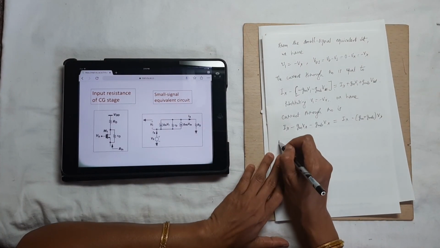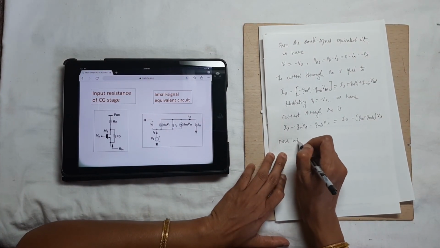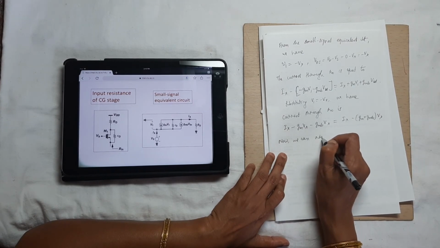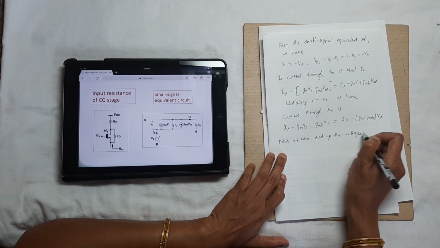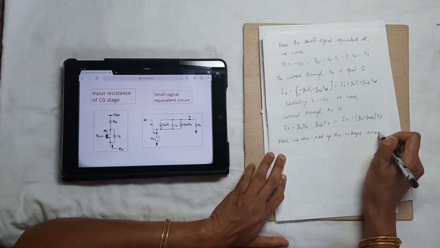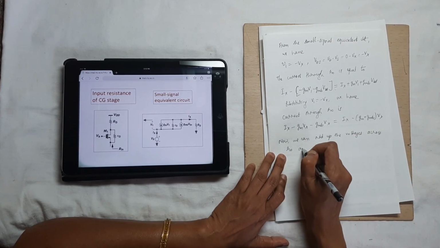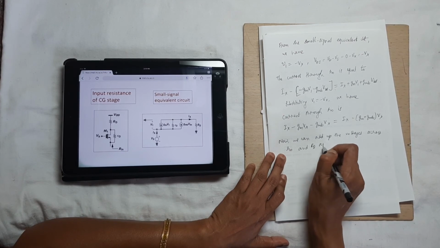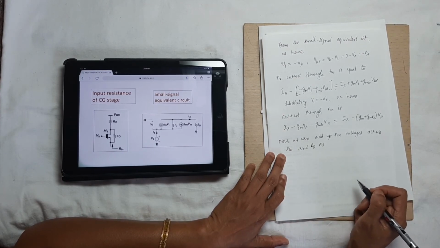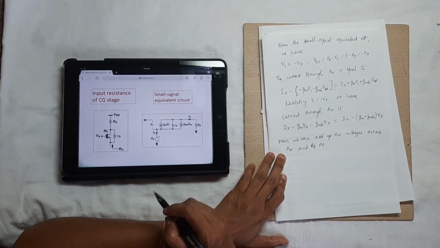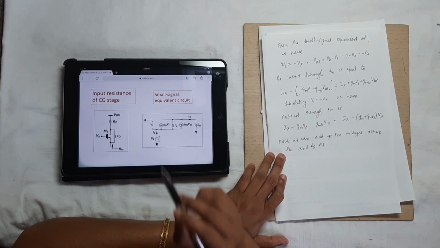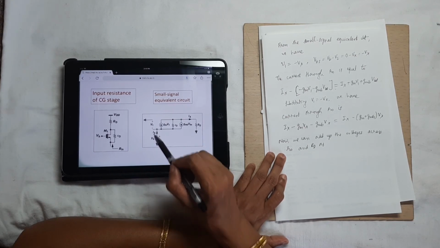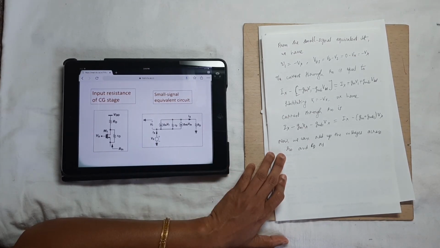Now we can add up the voltages across RO and RD. What is Vx? Vx is the voltage applied at this point, and because of that Ix is the flow of current.